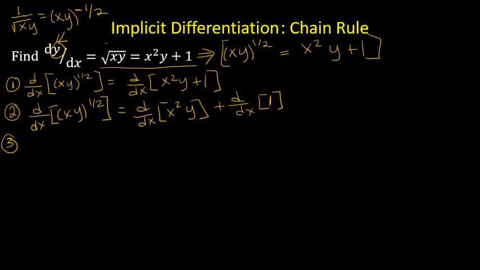So here's the thing. I'm looking at the first term right here. This is term 1, term 2, term 3. I'm looking at term 1, and I'm actually looking at term 2, and we're going to use product rule, right?